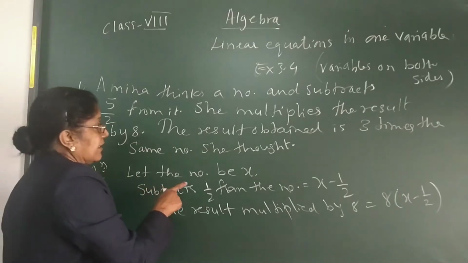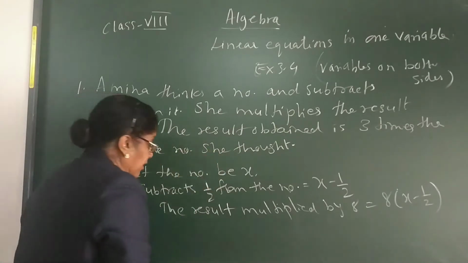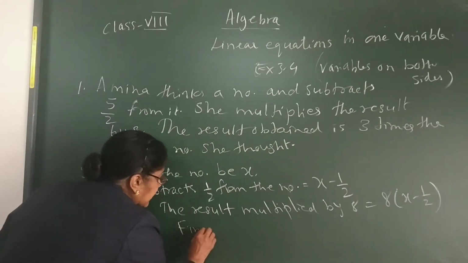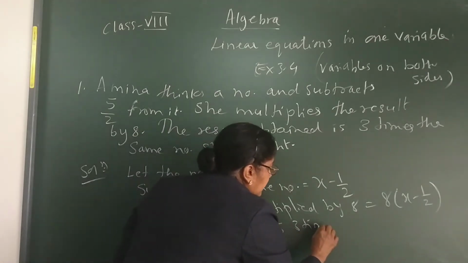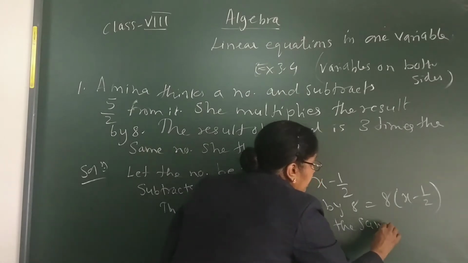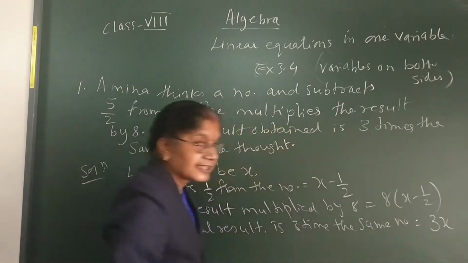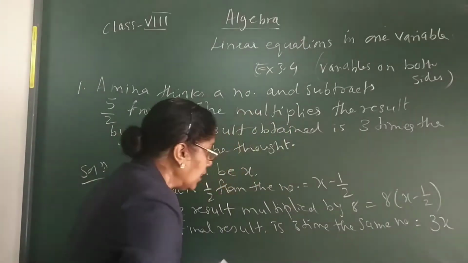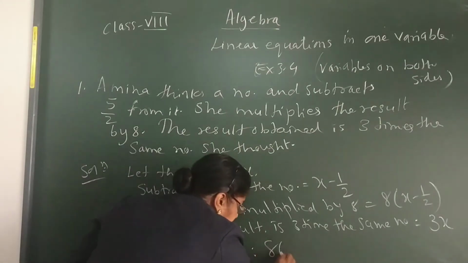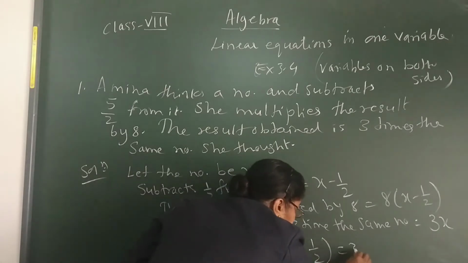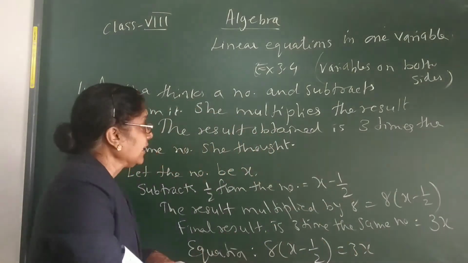After multiplying with 8, the result obtained is 3 times the same number. x is our number, 3 times is 3x. Means these 2 expressions are equal. So the equation we get is 8 into x minus 1 by 2 is equal to 3x. See, variables on both the sides.